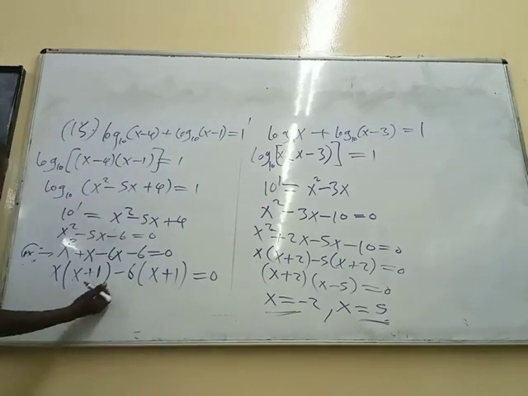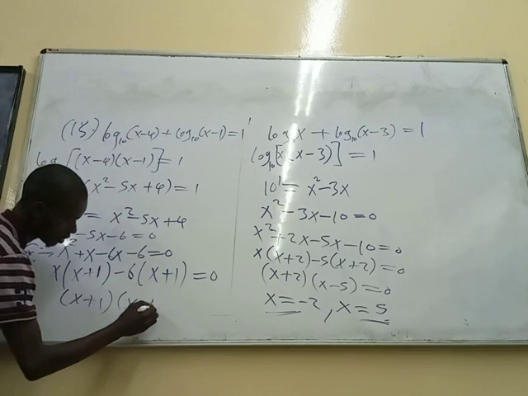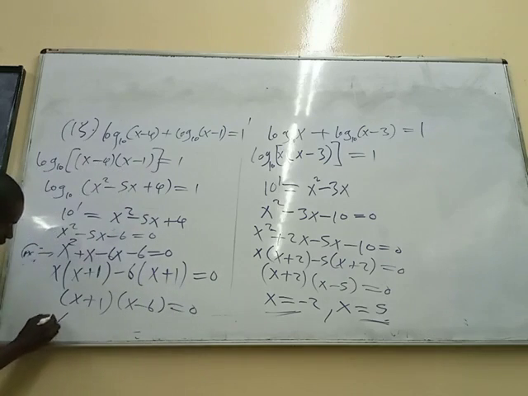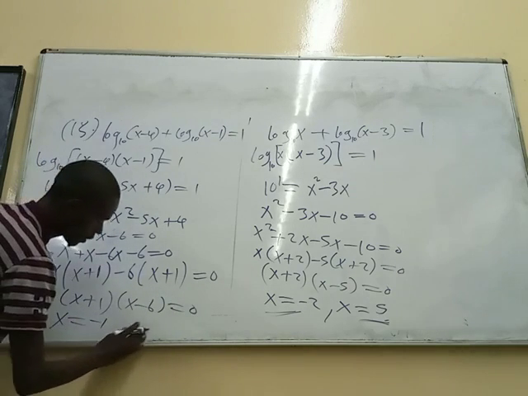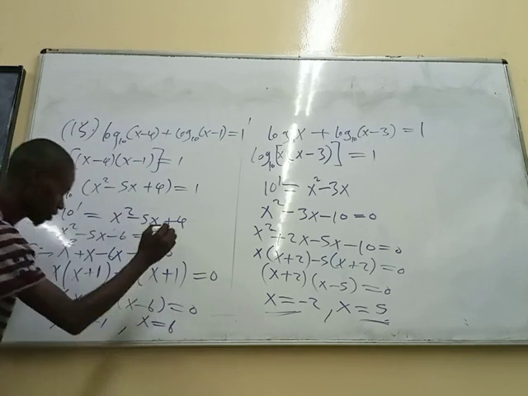So when you simplify this, you have x plus 1, then x minus 6, and this is equal to 0. The value of x there will be negative 1. The other value of x there will be 6.